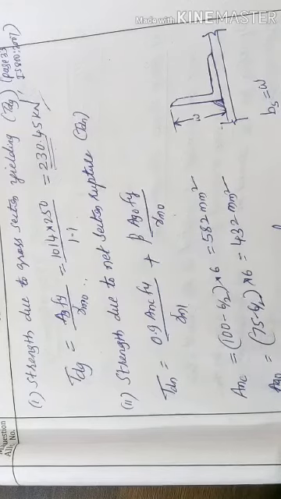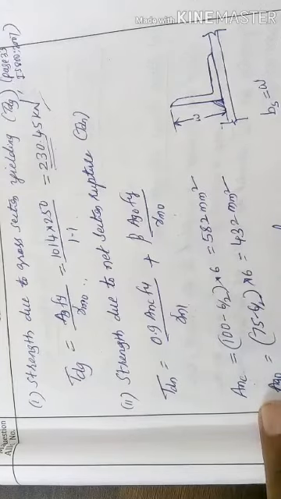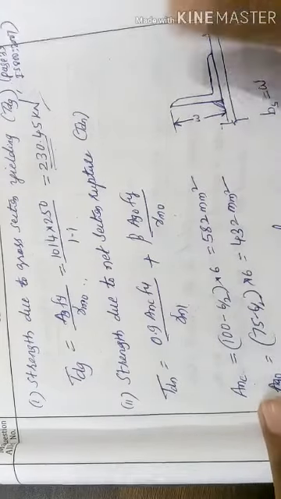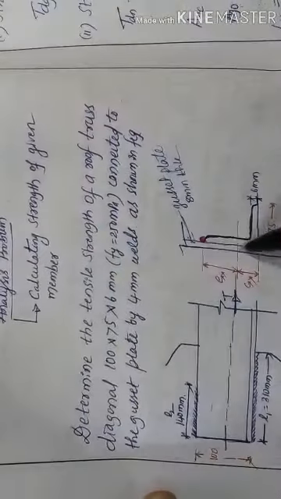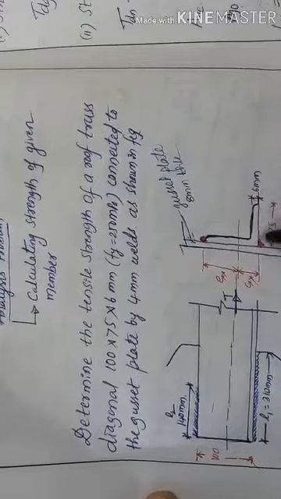The 100 mm leg is connected here, so this is the connected leg area, and the outstanding is this leg area.